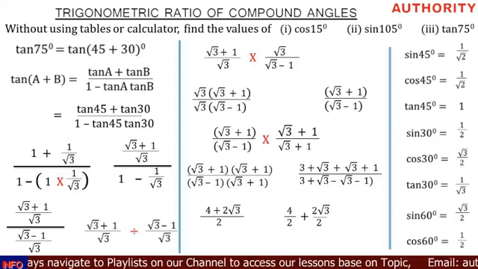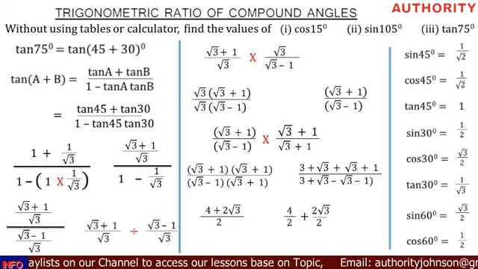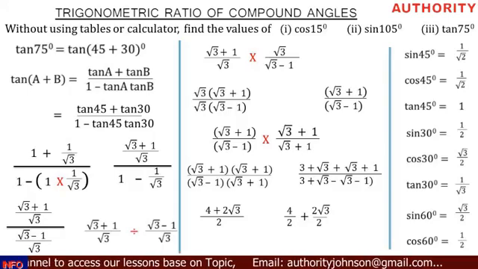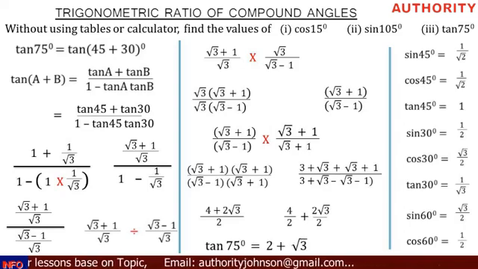Here we have 4 all over 2. So 4 all over 2, that is 4 divided by 2. It's going to give us what? 2. Is that true? Yes. Now we have plus 2√3 all over 2. So we have 2 in our numerator, we have 2 in our denominator, so we can actually cancel out. When you cancel out, you'll be left with √3. So here we have 4 divided by 2, which is 2, plus 2√3 divided by 2, which is equal to √3.